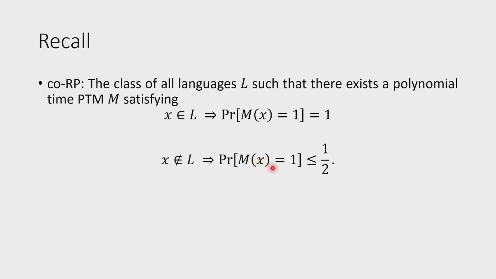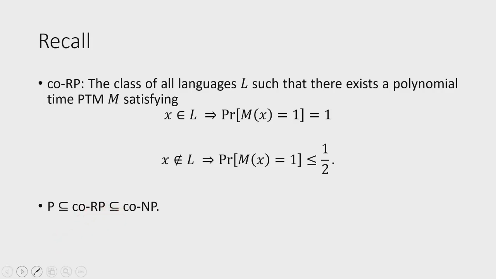That is, the probability that M(x) equals 0 is at least half. Notice that a probabilistic Turing machine for coRP is always correct whenever it outputs 0, but whenever it outputs 1, it might be wrong. So this is also a one-sided error class. And you would have seen that P is contained in coRP and coRP is contained in coNP.